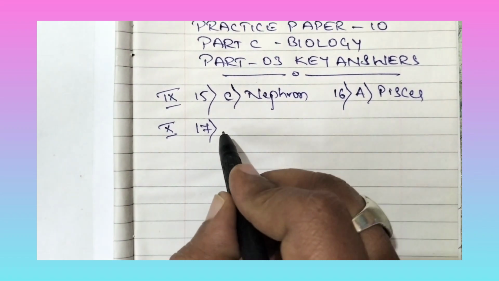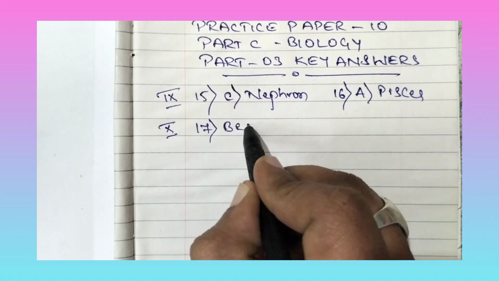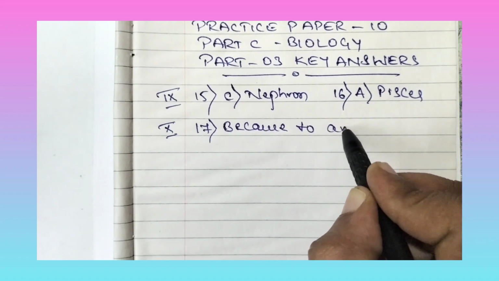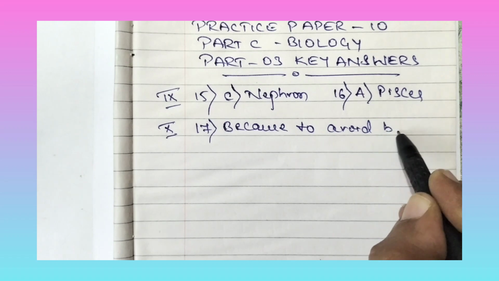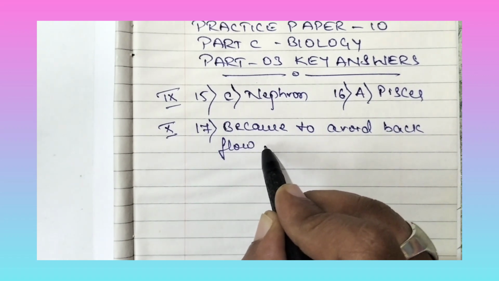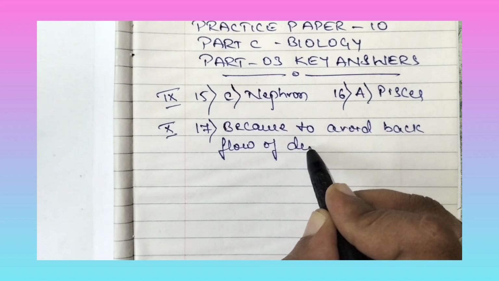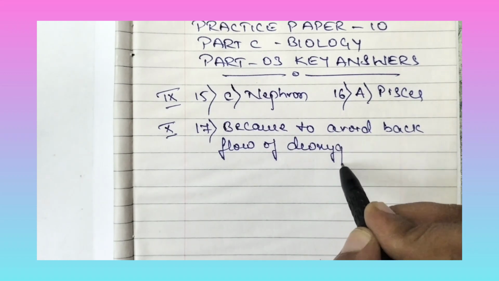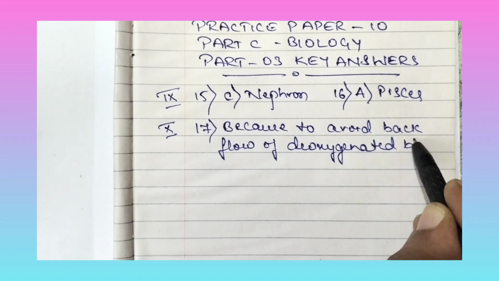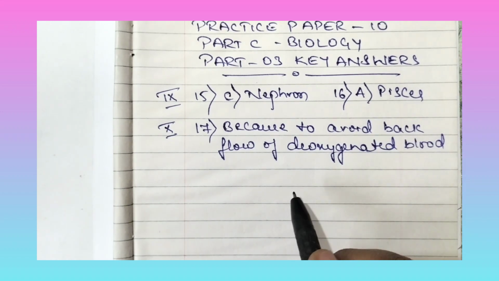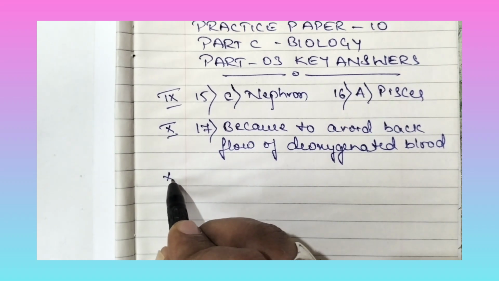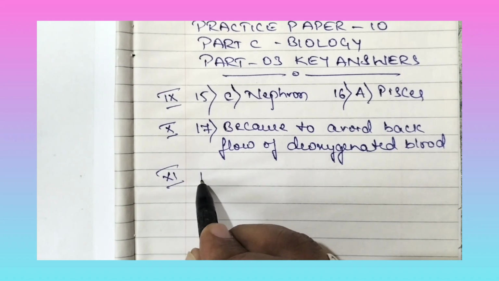Because to avoid backflow of deoxygenated blood. That is, to avoid backflow of carbon dioxide rich blood. So that is the answer for the 17th question.